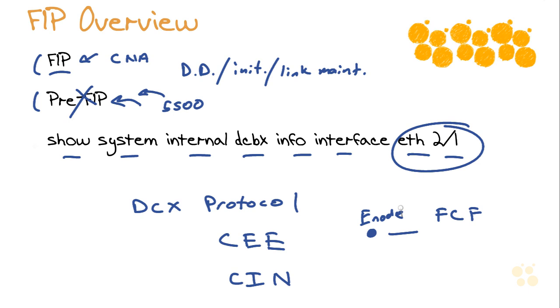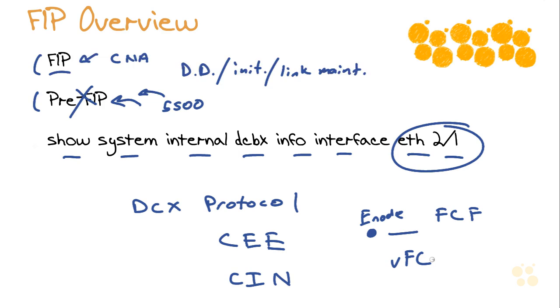FIP is looking to establish our virtual Fibre Channel link between our virtual node ports and the virtual fabric ports. For multi-hop, the links are going to be established between virtual expansion ports. But FIP between VN ports and VF ports performs the device discovery, the initialization, and the link maintenance, and uses several protocols in order to do this.